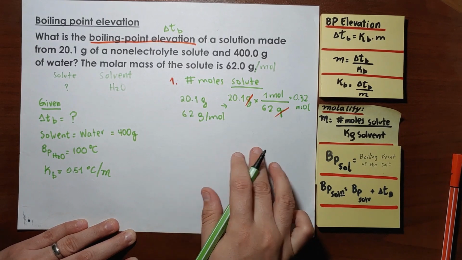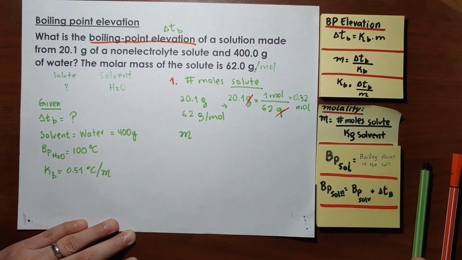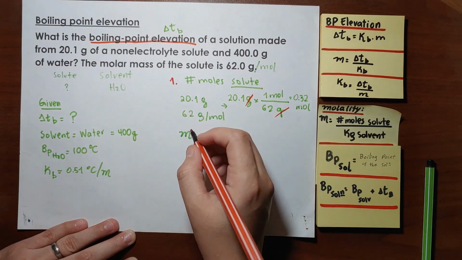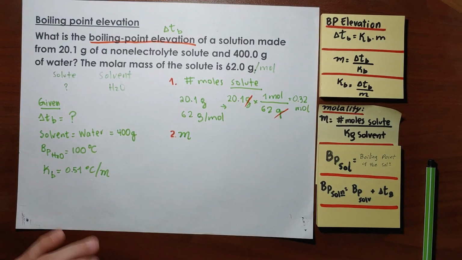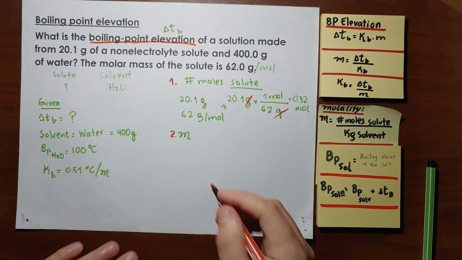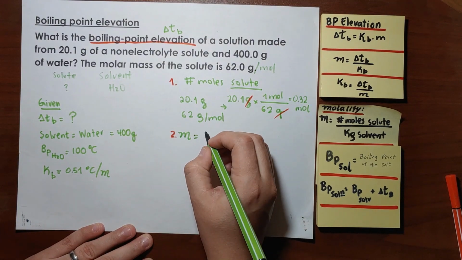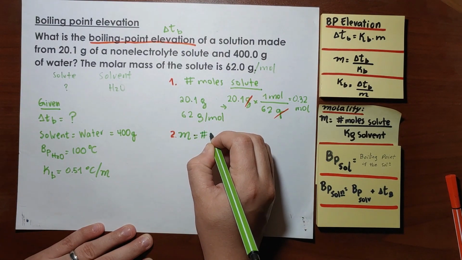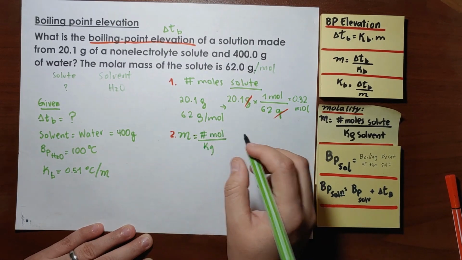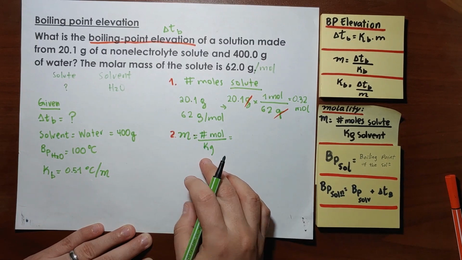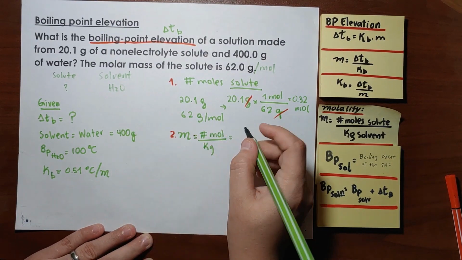Knowing the number of moles, now I can get the molality. That is my second step. Molality is equal to the number of moles of solute divided by kilograms of solvent. I don't have kilograms of solvent, I just have grams, but if I divide by 1,000, I'm going to have kilograms.